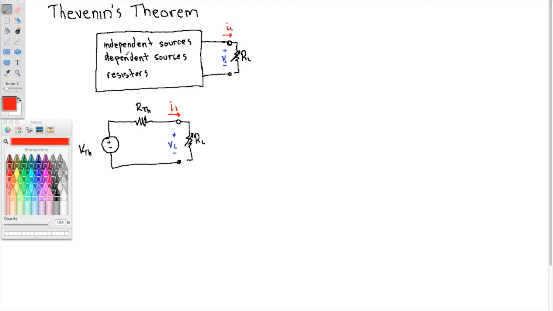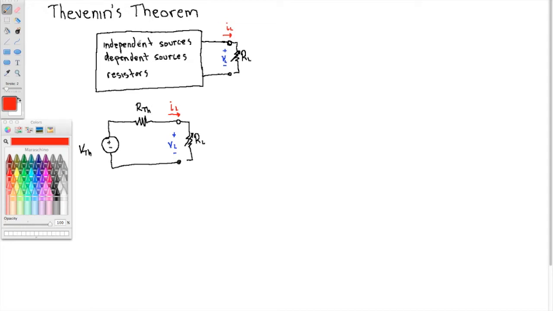Now, if I change RL here, maybe the washing machine was 1 kiloohm and the toaster is 10 kiloohms, this circuit is pretty easy to analyze, I think you would agree. So I would rather analyze this circuit for each load resistor than potentially a complicated circuit for each load resistor. Thevenin's theorem allows us to do that.